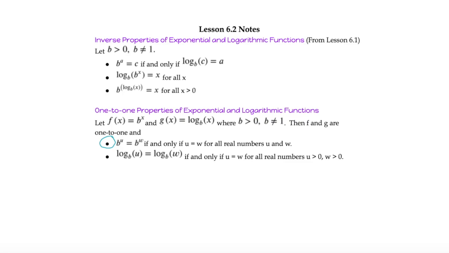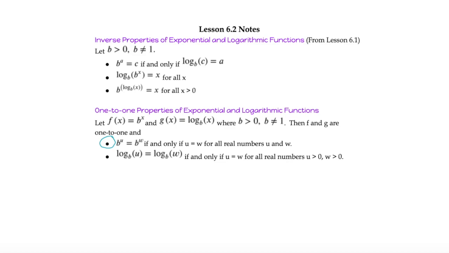Similarly, if we have two logs with the same base, we can set the u and w in the middle equal to each other, and then the log bases don't matter. That will be very important when we start solving because it'll make our life a lot easier. So I'll refer back to this particular property when we start solving in a couple of sections.